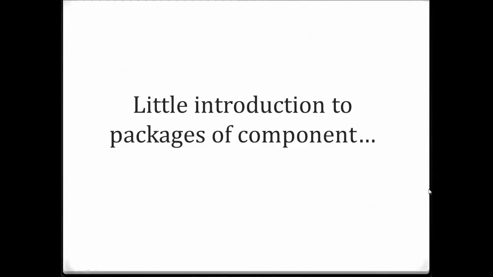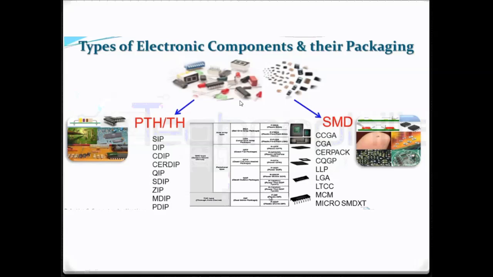Before going to design a PCB, it is also important to know the packages of the components, how components actually look, what their sizes are and what the standards are. There are mainly two types. One is the through hole system and another is SMD.